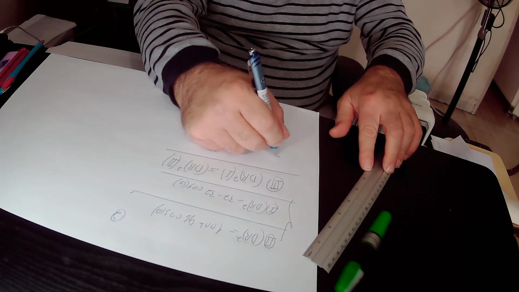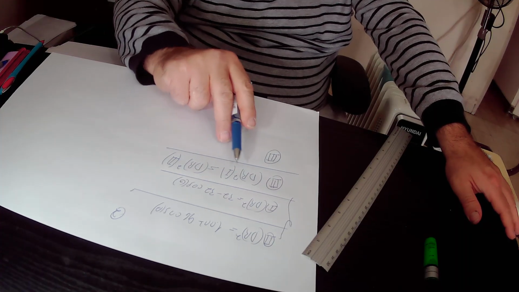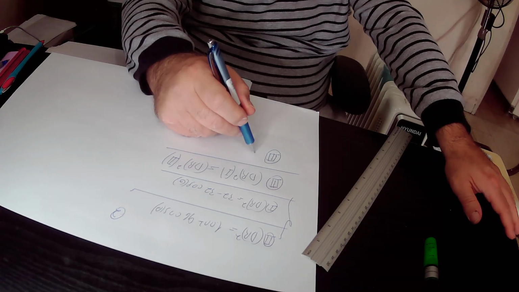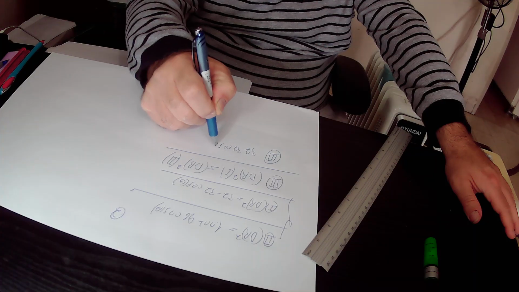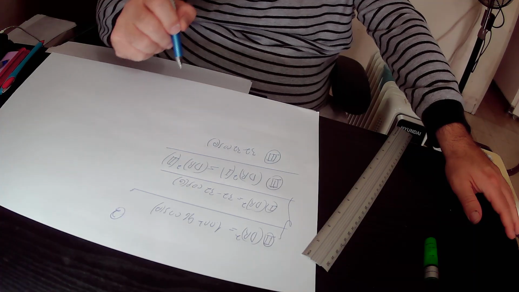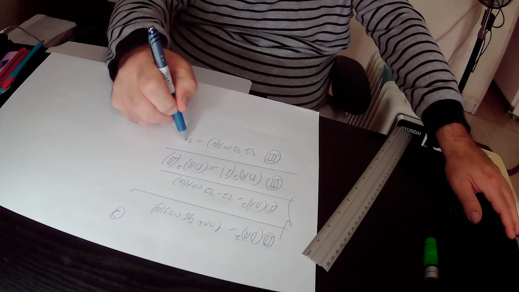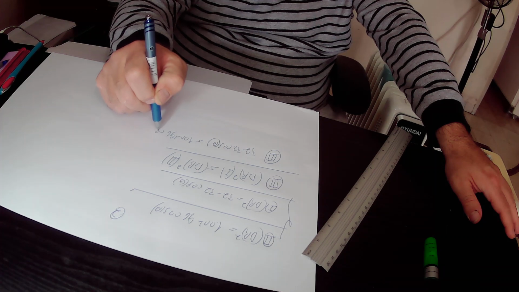So 32 plus 32 times cosine theta must be equal to 100 plus 96 times cosine theta.